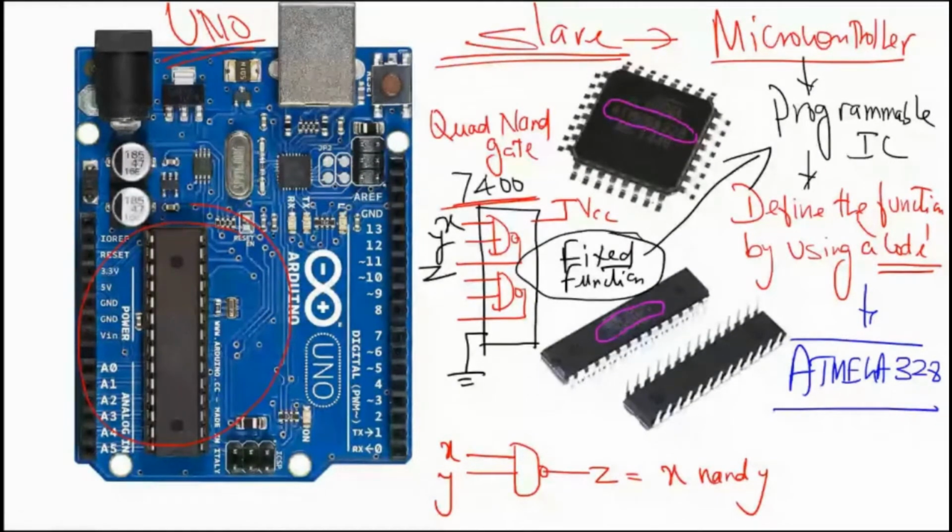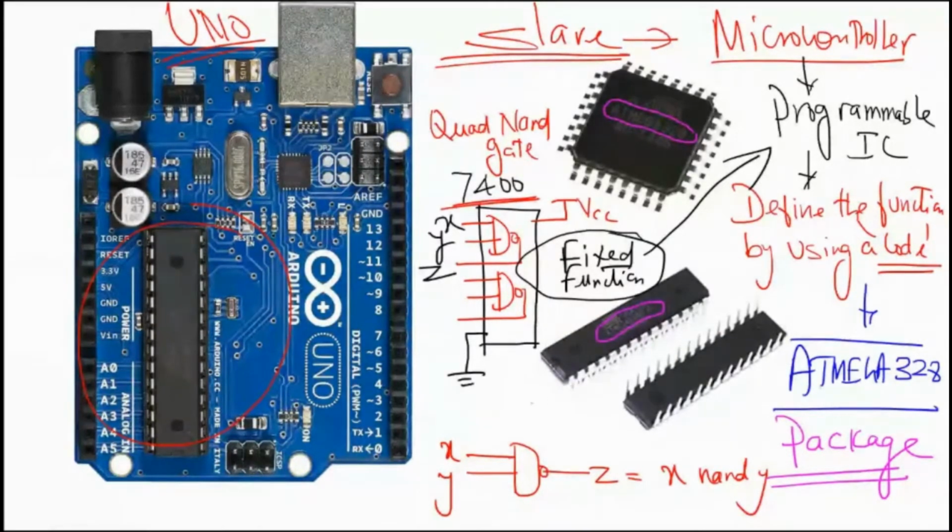What is the difference between the two? The difference between the two is they are available in different packages. We use a technical term called packages. A package defines the physical shape of an IC and how the pins are available in that particular IC.